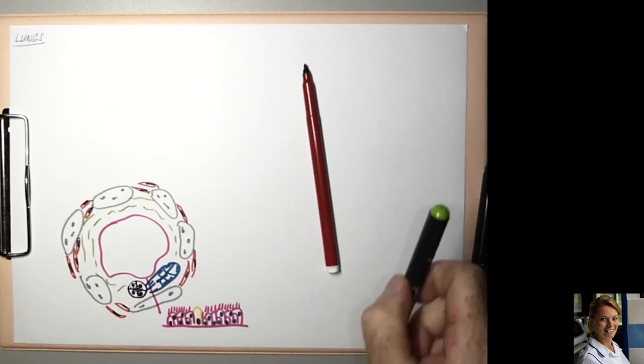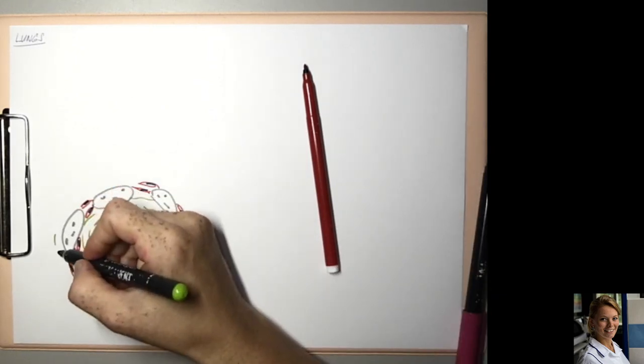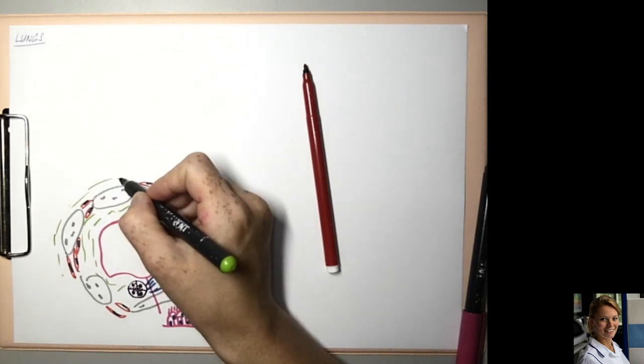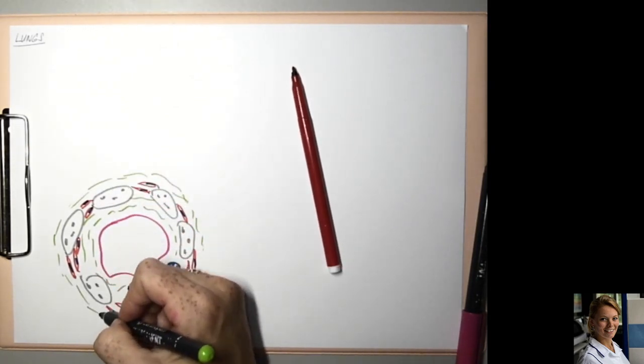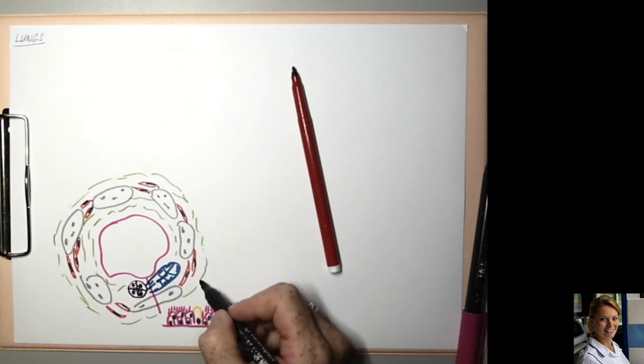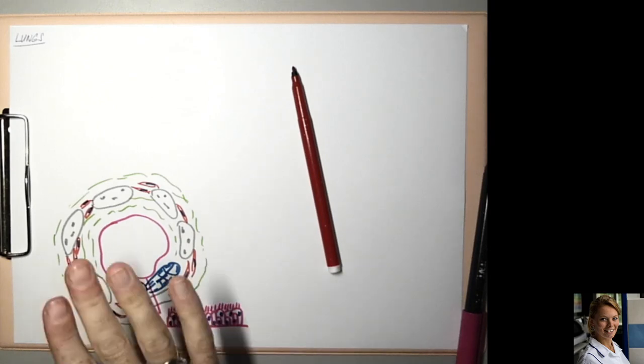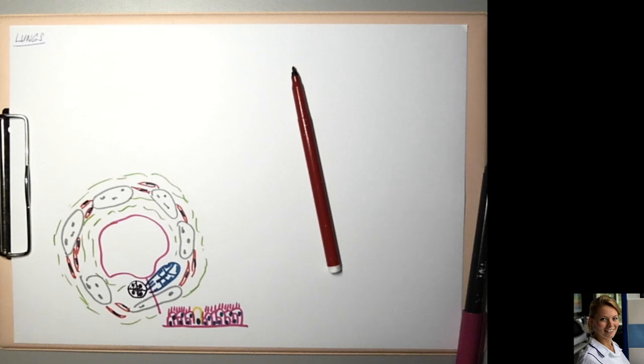And the last layer is the adventitia, also formed from loose connective tissue. So this is the intrapulmonary bronchi.